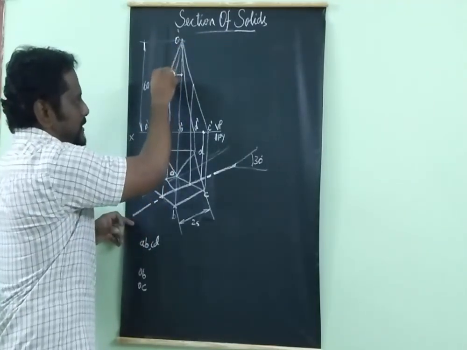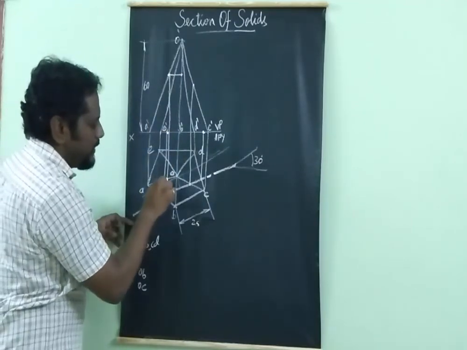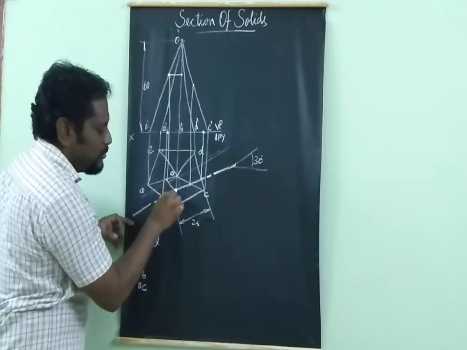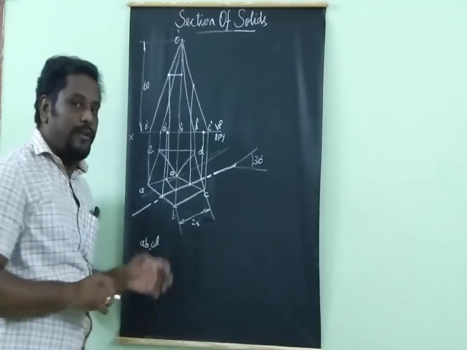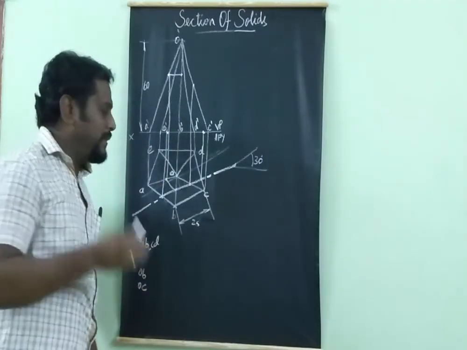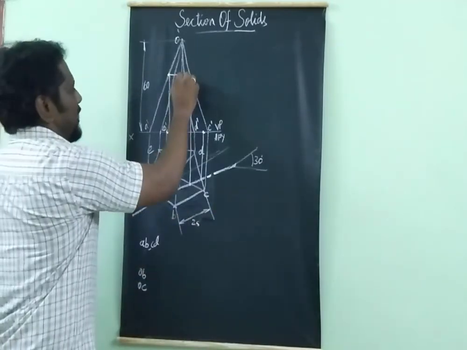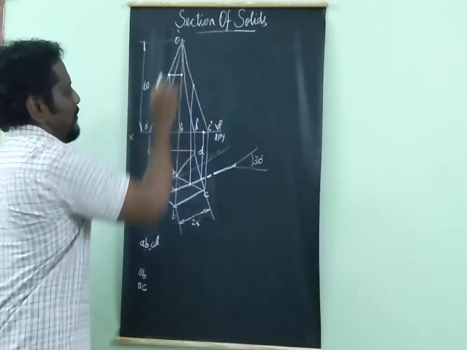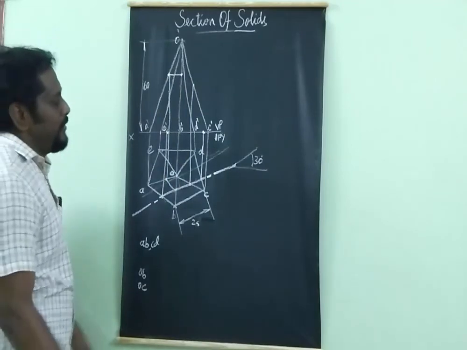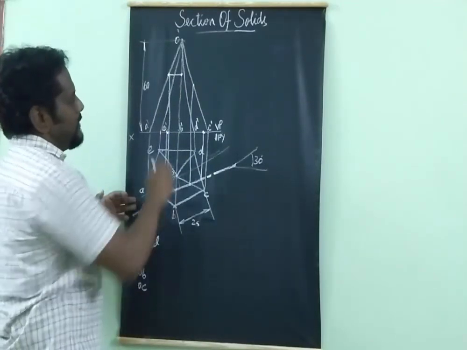Now transfer this point to the OA, then from here draw an arc to here, right? This is the procedure you followed in the third problem. Now in the reverse direction you do the same procedure to transfer this point to here, right? Now you have all your 4 points in the front view.